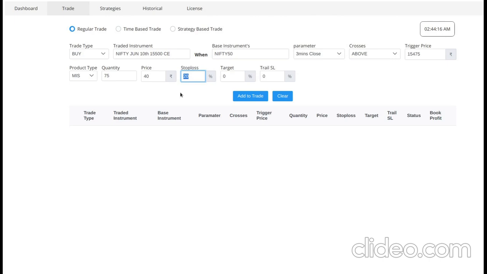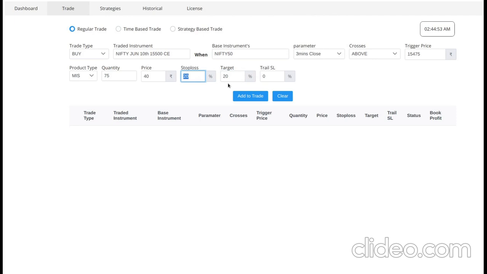Okay, and whenever the target is set, imagine you want a target of 20%. So whenever the price of this option becomes 48 and the system has already generated a trade, when the tick price of this option becomes more than 48, it cancels the stop loss order first and then places the exit order, which is a market order.